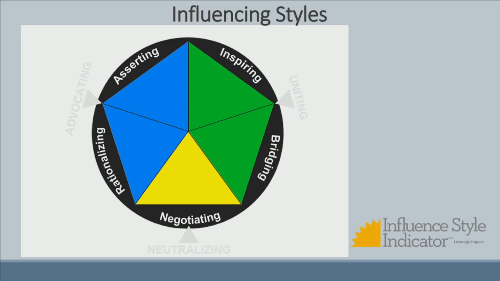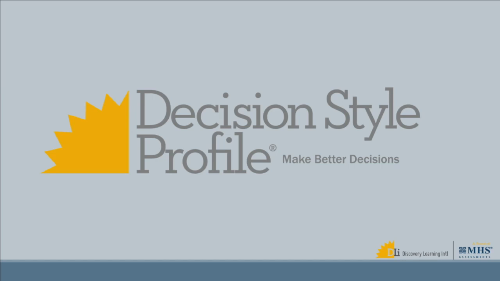And so the ISI is the first step in identifying styles. The ISI as a process is really about skill building and helping new leaders select the right tool for the right circumstance. So that's the ISI, the Influence Style Indicator. And one of the things that this discussion talks about is decisions. We talked about making decisions and influencing people on decisions.